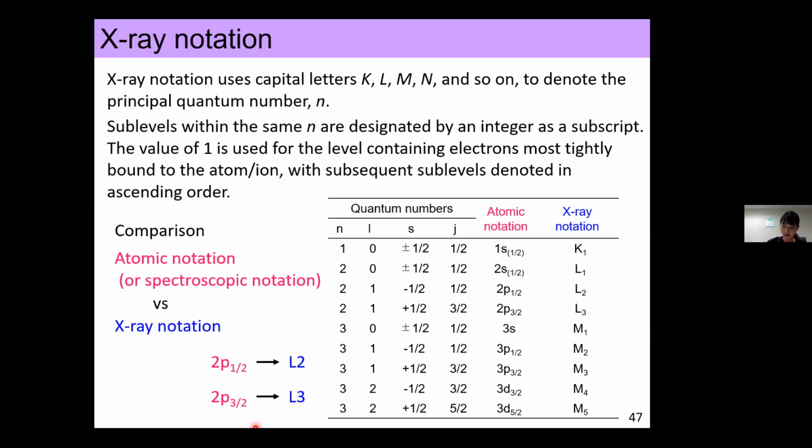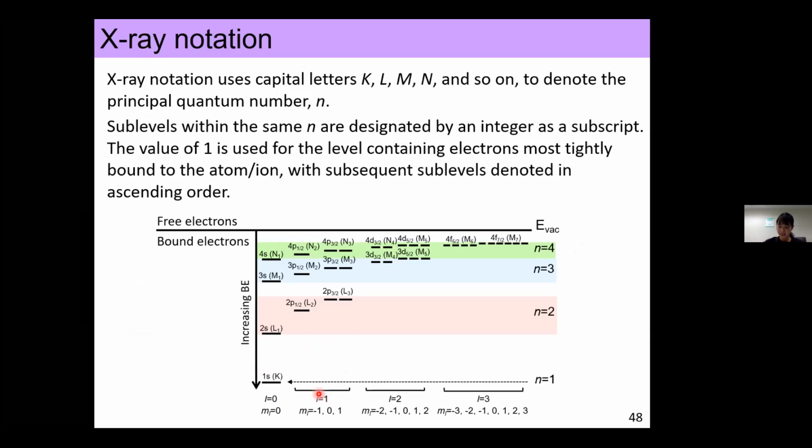So if I describe them by X-ray notations, 2p1/2 becomes L2 and 2p3/2 becomes L3. So this is a schematic representation of the levels for your references. Although there are two ways to describe the orbitals, they are the same.